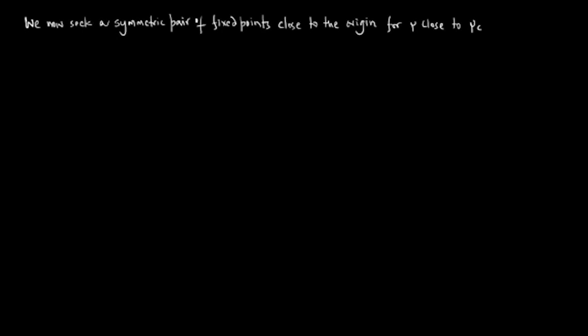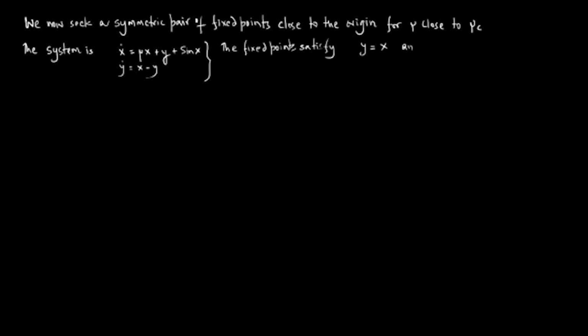We now seek a symmetric pair of fixed points close to the origin for mu close to mu critical. Now recall that the system is x dot is equal to mu x plus y plus sine x, and y dot is equal to x minus y. The fixed points satisfy y is equal to x, and so mu plus 1 x plus sine x is equal to 0.